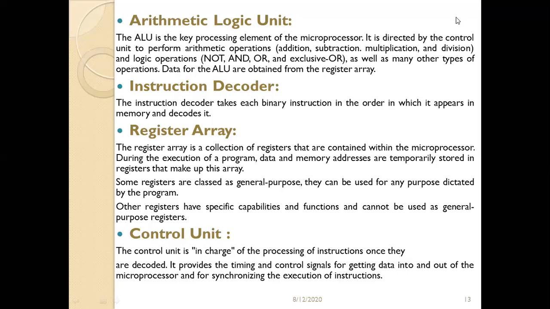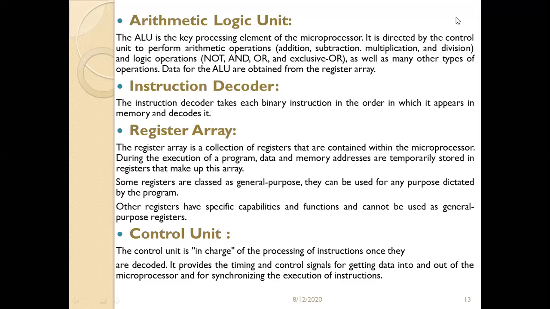So you have taken data from the memory, and next you take the instruction from the memory in the same fashion, and the instruction is also kept in another register inside the microprocessor. Now the data arrived, the instruction arrived. Now the microprocessor is in a position to perform the operation on the data according to the instruction.